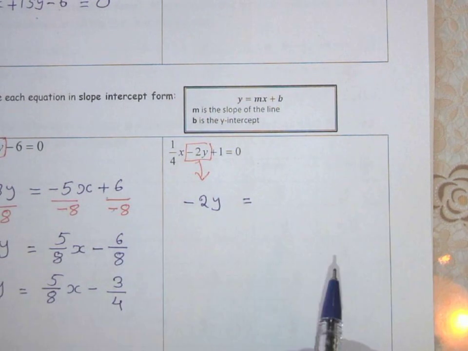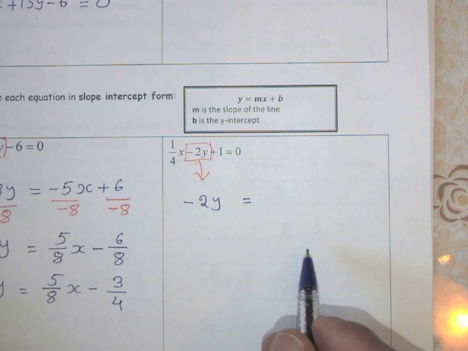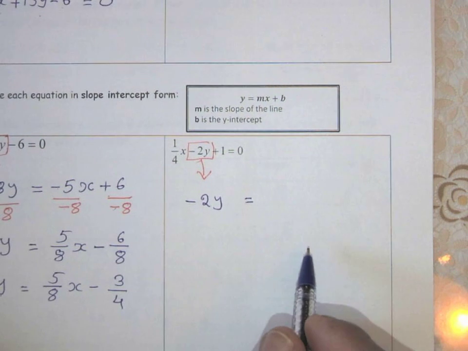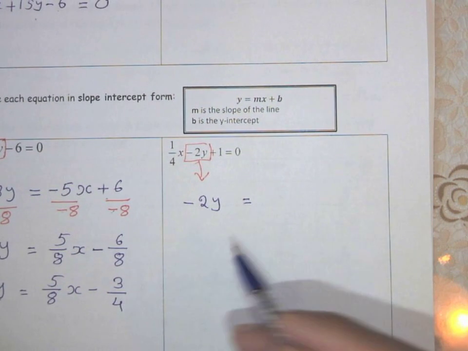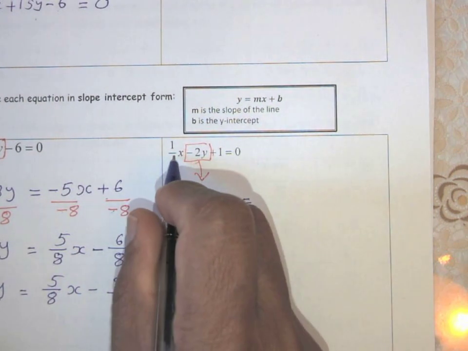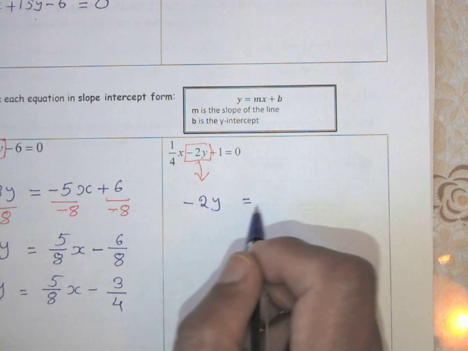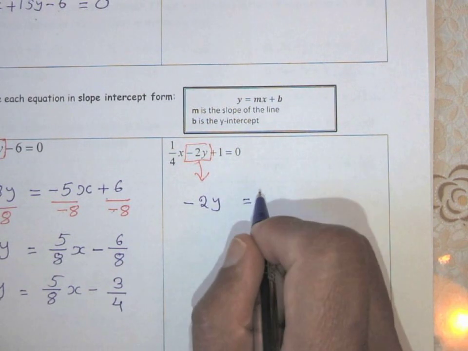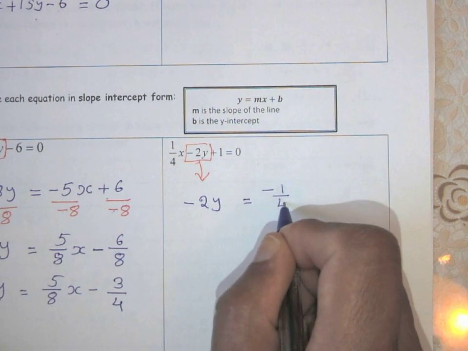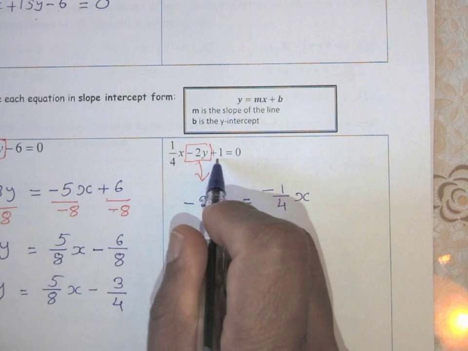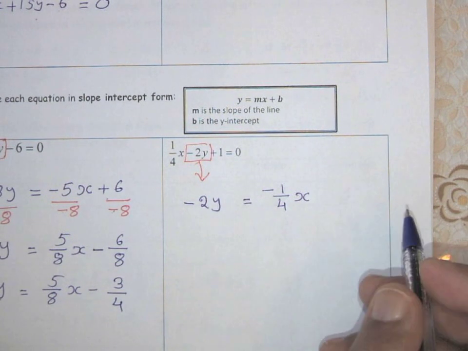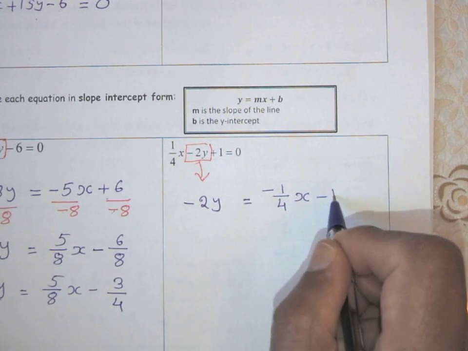The rest of the terms we need to transpose to the right side. So this positive 1 over 4x, if you change it to the right side, becomes negative 1 over 4x, and the positive 1, if you move it to the right side, changes to negative 1.